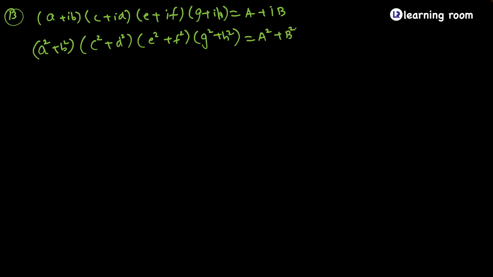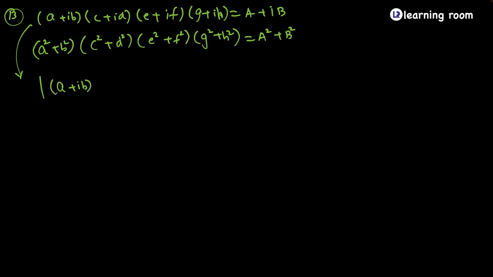So the problem is simple. Whenever a complex number is given and you are expected to find a² + b², what you need to do is either find the modulus or multiply that complex number with its conjugate. These are the two logics. Here we'll take the modulus on both sides.